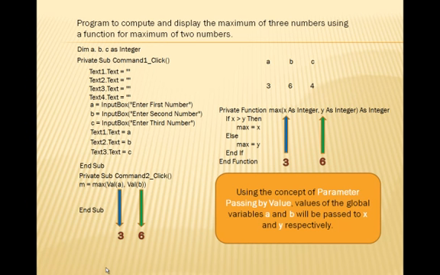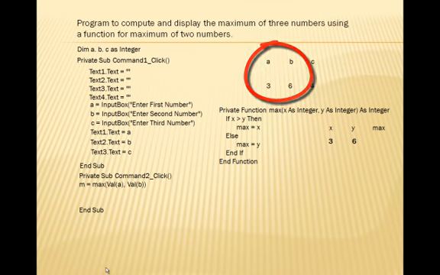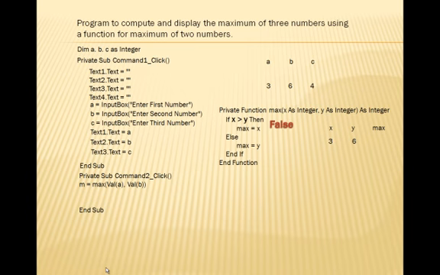Using the concept of parameter passing by value, values of the global variables A and B will be passed to x and y respectively. Then x and y will be 3 and 6 respectively. Then test for the value of x more than y. Since x is 3 and y is 6, the result is false.